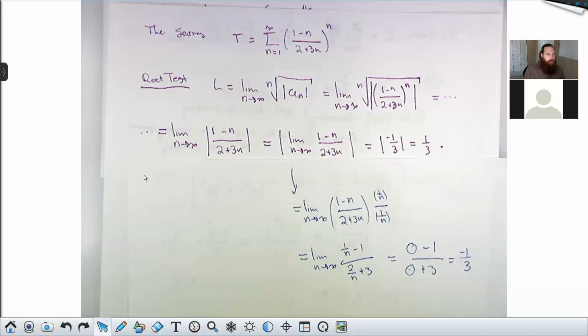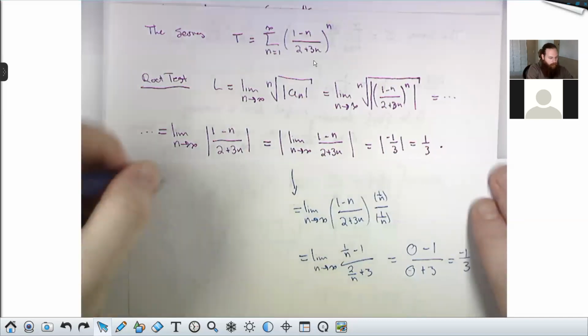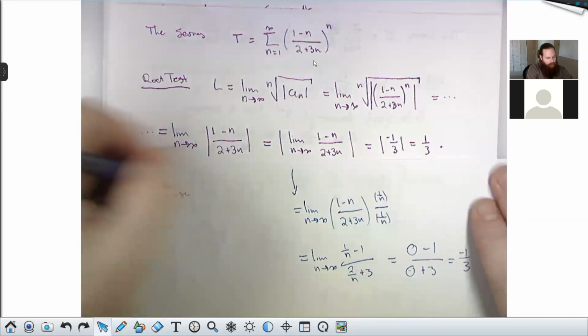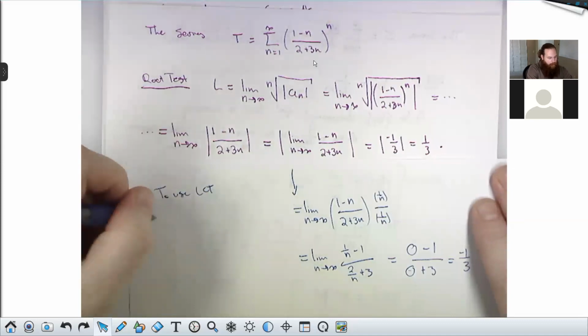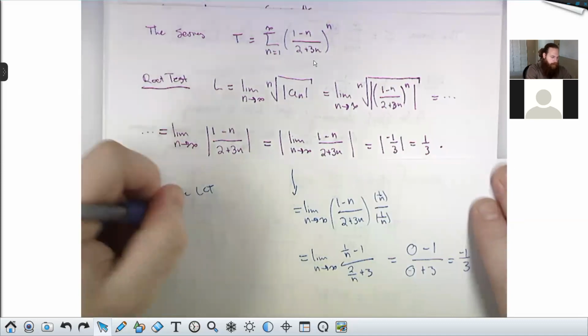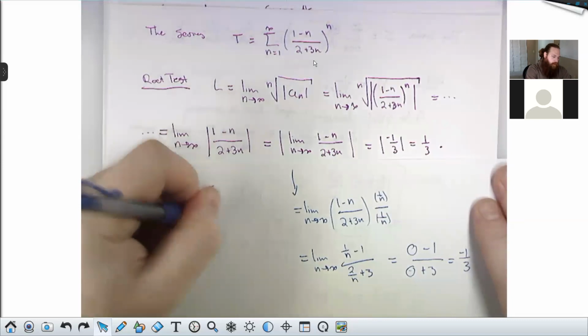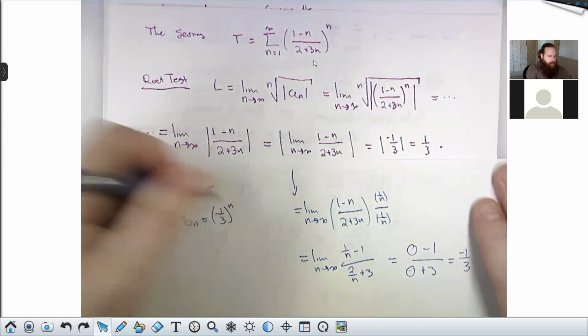Gustavo asks, could we use the limit comparison test for T? I think you probably could, but it's not going to be super clean. I think the choice for limit comparison here would have to be, if you wanted to use LCT, pick b_n equals (-1/3) to the n.